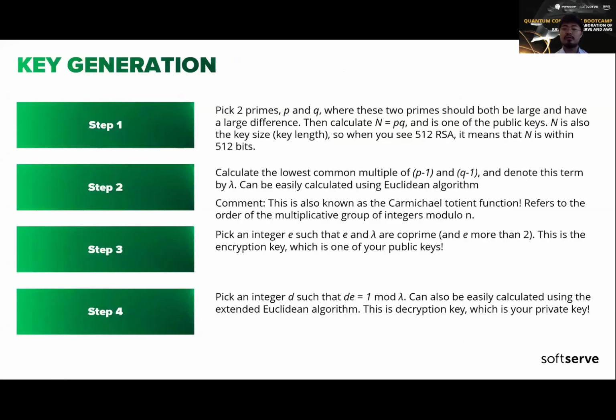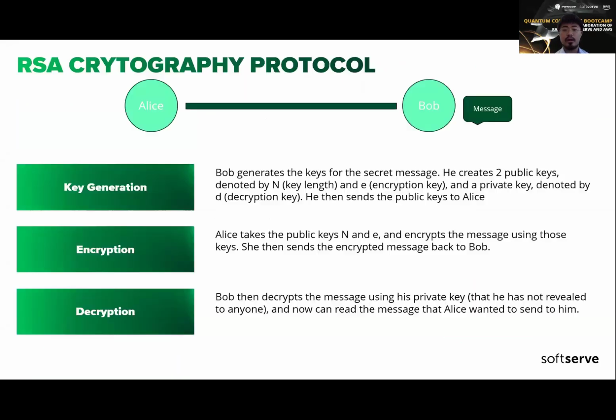How this normally works in reality is that it relies on the fact that prime factorization is difficult. That's the main way the public key and the private key work.